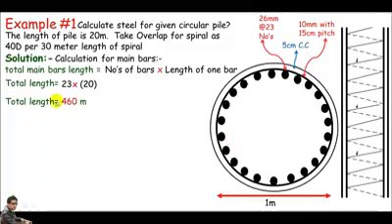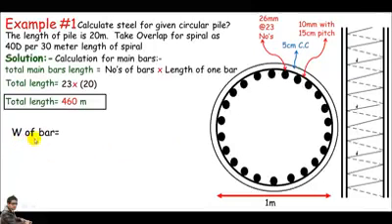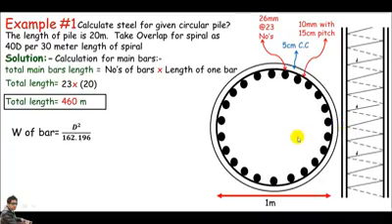When I have the total length, then I can really easily calculate its weight. Let me calculate the weight for main bars. W of bar must be d squared divided by 162.196, and this is a really amazing formula for the weight of a round bar.